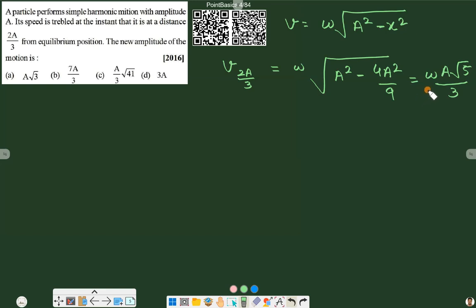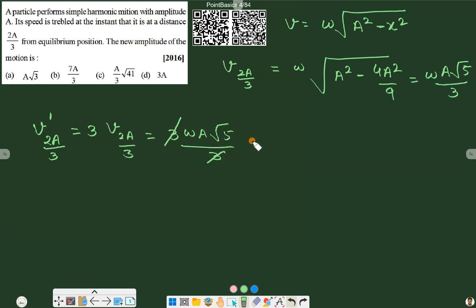Now as per the statement we tripled this velocity, so the new velocity at a distance 2a by 3 from mean position becomes 3 times the old velocity, so it comes out to be 3 omega a root 5 by 3, so omega a root 5.